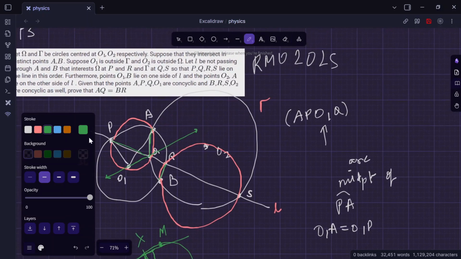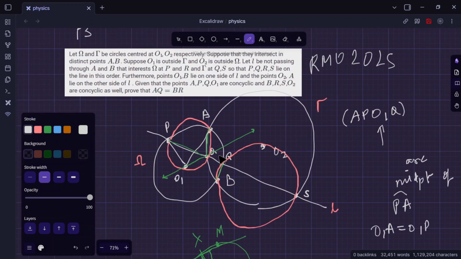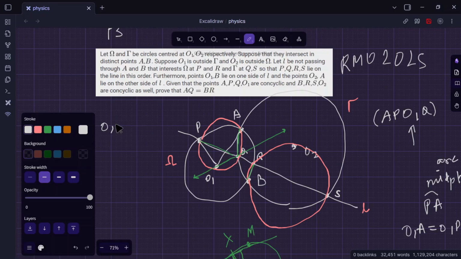So what's happened here is that O1Q is the external angle bisector of the angle AQP, right?